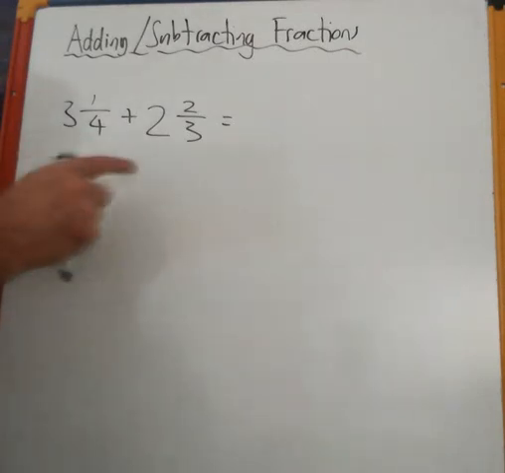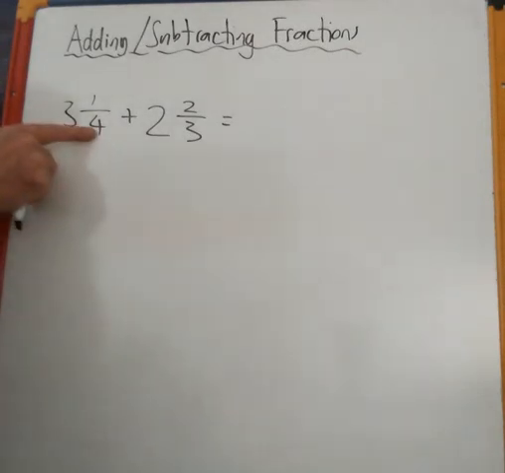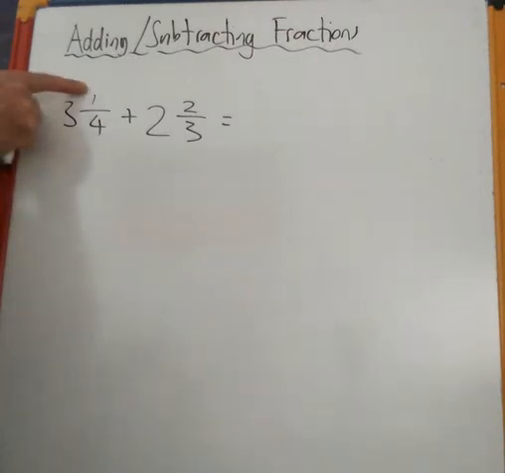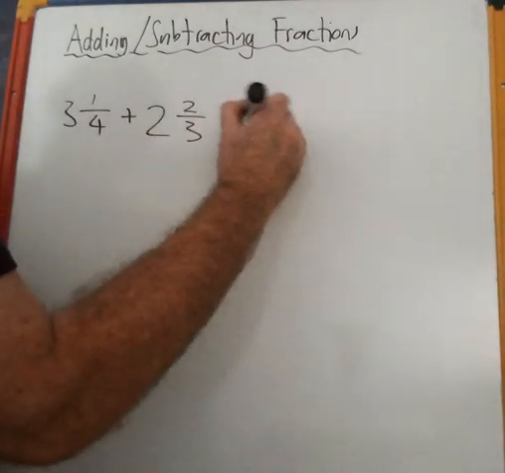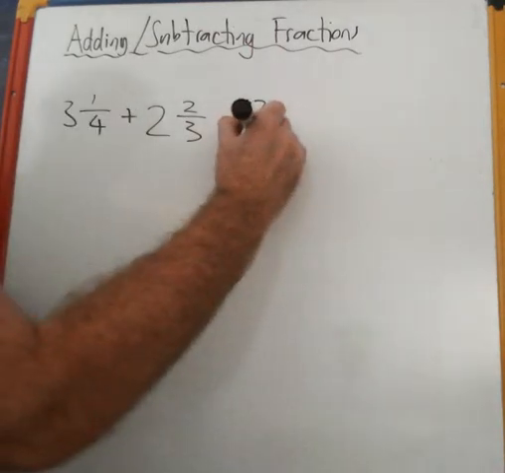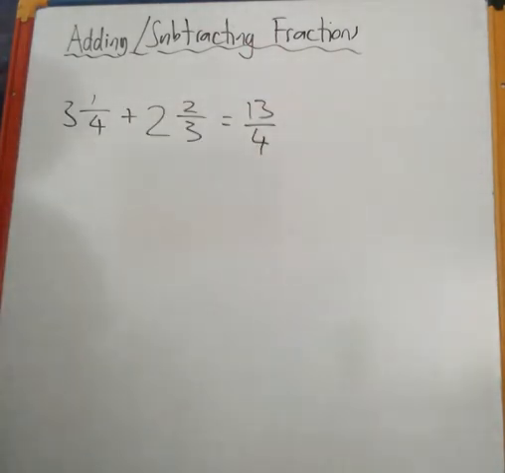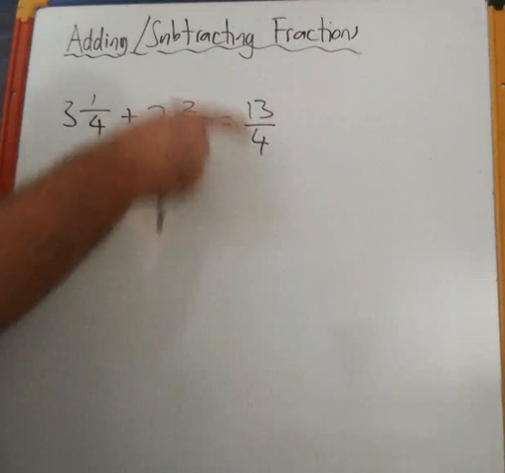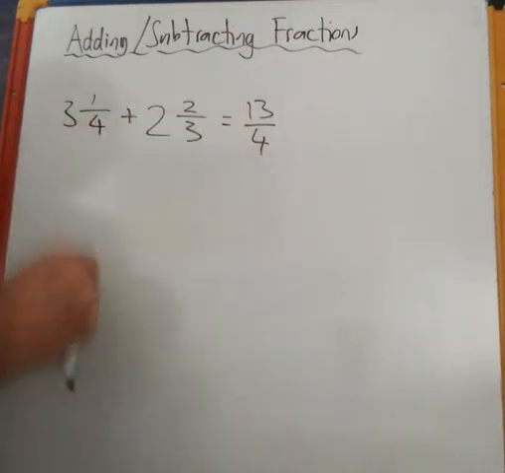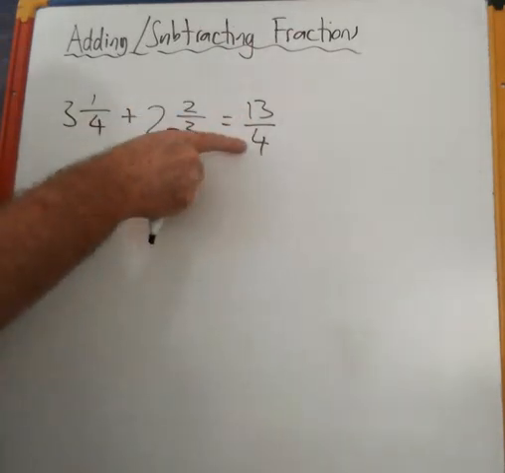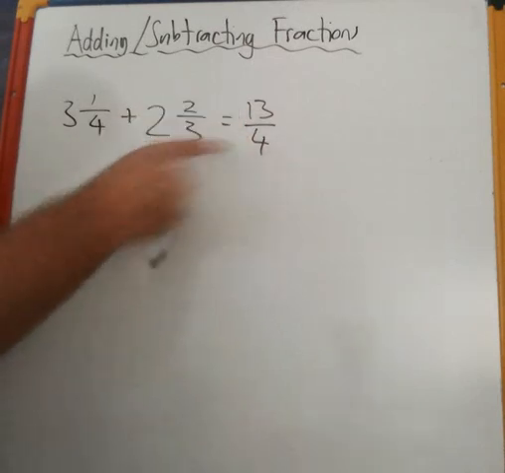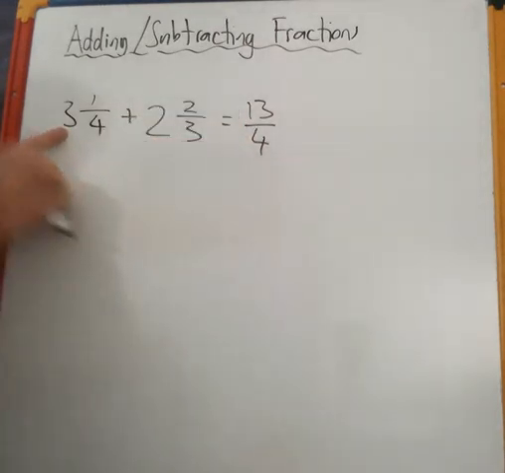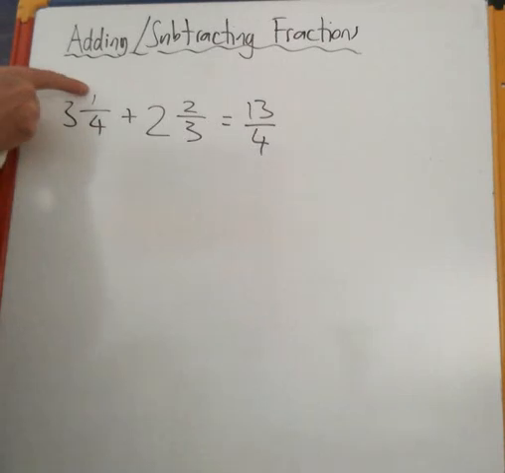To do that, we take the bottom number, times it by the whole number, and add the top. So 4 times 3 is 12, add 1, 13. And that's always over the original denominator. Now if you think about it, a fraction is just a division, top divided by bottom. 13 divided by 4. 4 goes into 13 3 times with a remainder of 1. So it works.